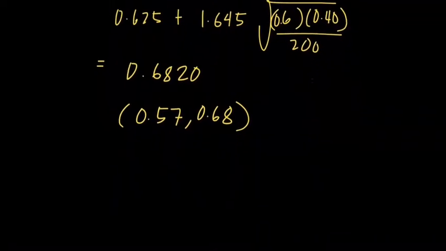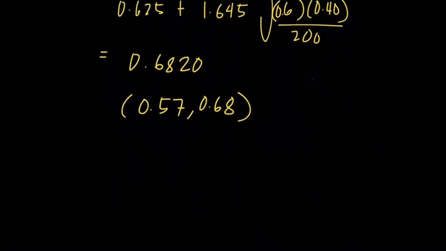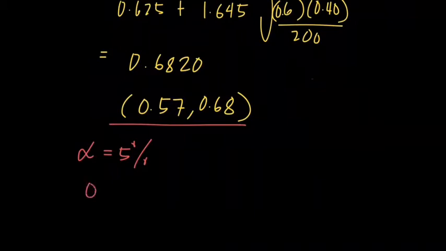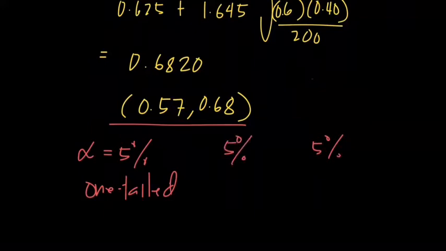Now, if you take a look at this confidence interval, in the test we use a 5%. For the estimate, because this is using a one-tailed test, we needed to preserve 5% on one side and 5% on the other side. So the confidence interval is actually based on a 90% confidence interval.